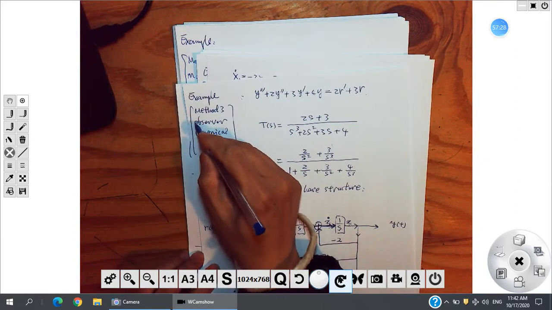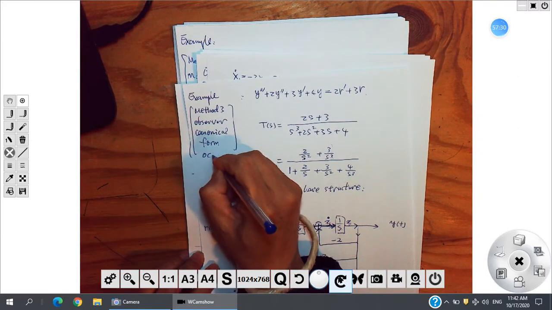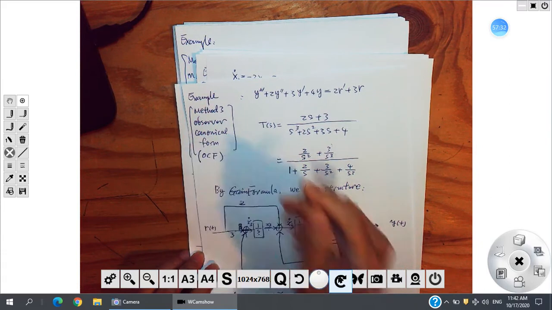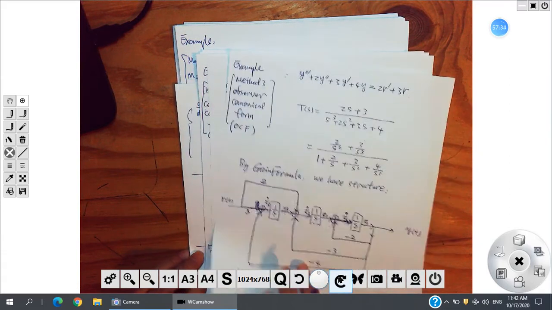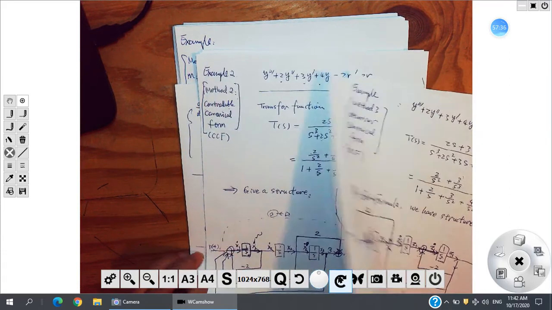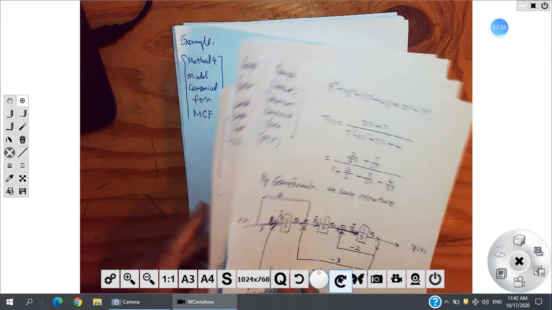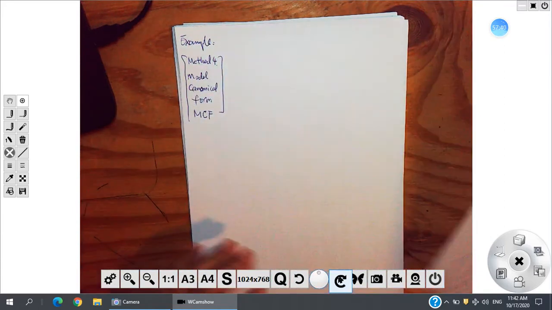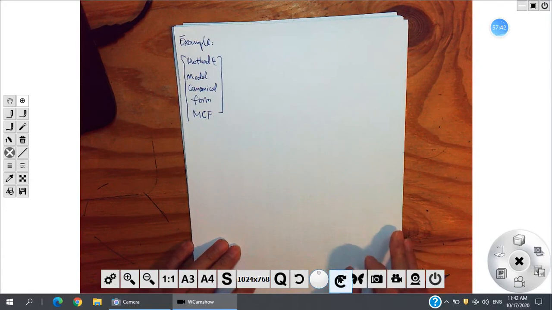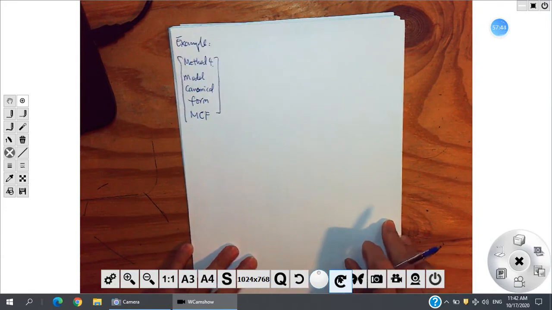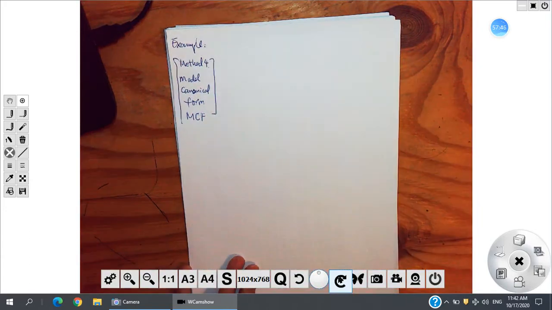The controllable one will be CCF. This is MCF. We separate the transfer function into different parts.